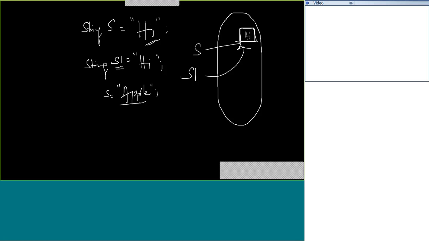So as soon as you assign a new value to s, it will first search, anyway. If it doesn't find it, it creates a separate slot, creates the value "apple", disconnects this bond with "hi", and connects a new bond with s. That's it. This is how it works. And this value will still be there because one of the strings is still pointing to it, which means this memory slot is still actively used.